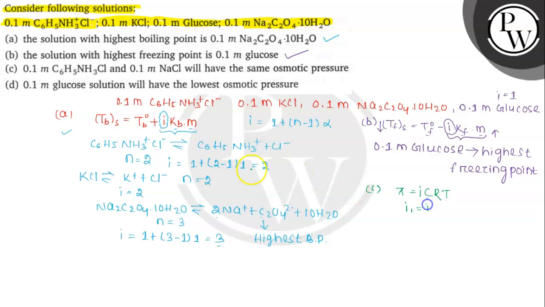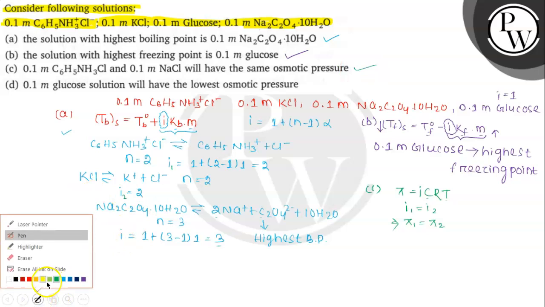If we take them as i1 and i2, then i1 equals i2, that means pi1 equals pi2, so they have the same osmotic pressure, as it only varies according to the van't Hoff factor and they have the same van't Hoff factor. So option C is correct.